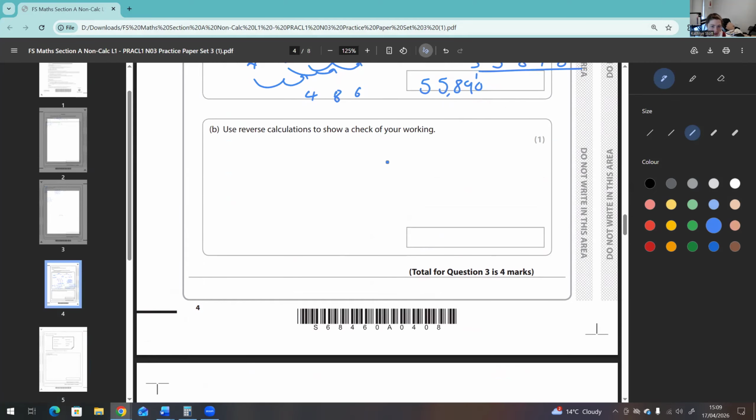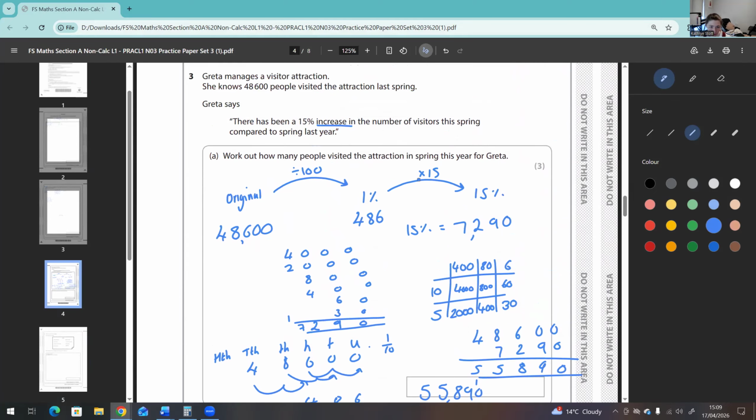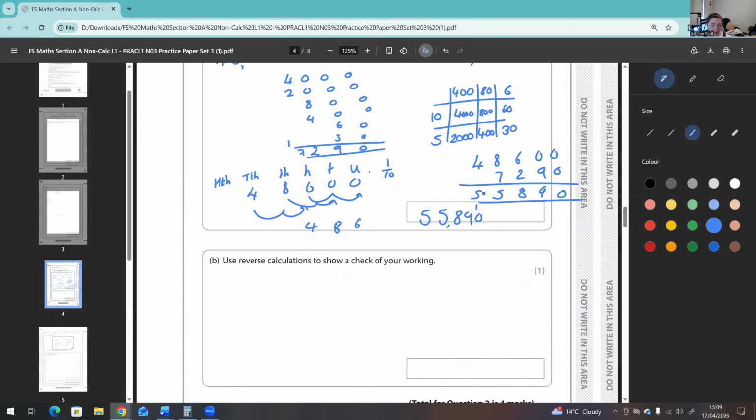Use the reverse calculation to show a check for your working. I believe it will want us to take our 15% increase away from our final answer. So 55,890 take away our increase, which was 7,290. 0 take 0 is 0, 9 take 9 is 0. 8 take 2 is 6.